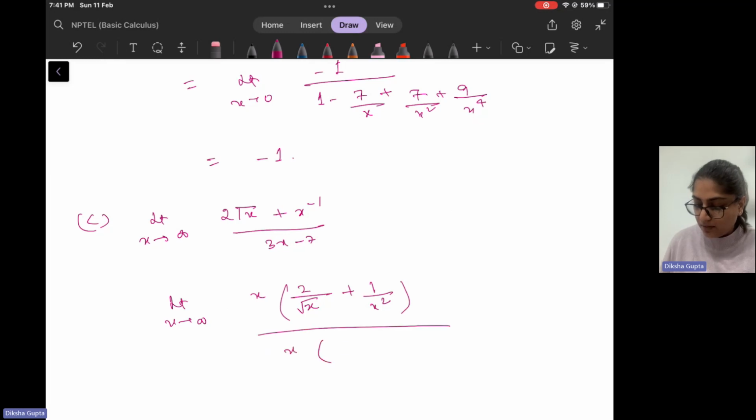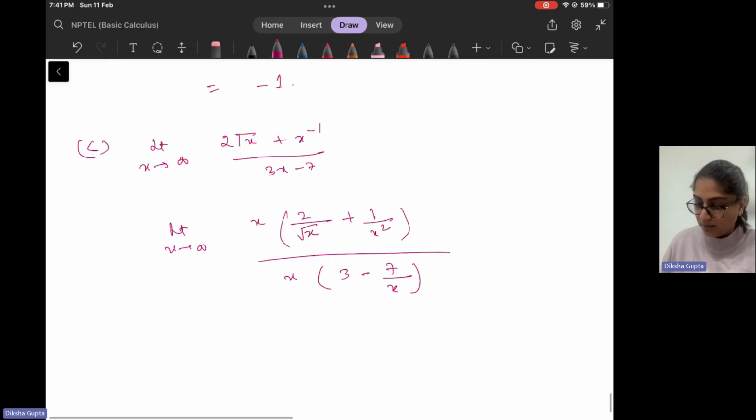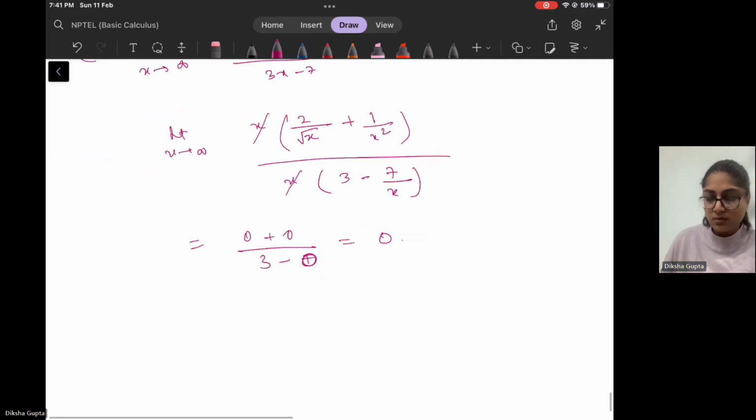And from the denominator, we are taking the highest power common from both numerator and denominator, 3 minus 7 by x. At infinity this will go to 0 plus 0 upon 3 minus 0. This is 0. Okay.